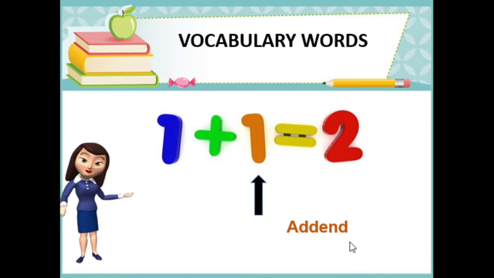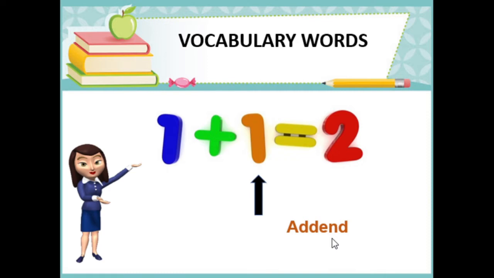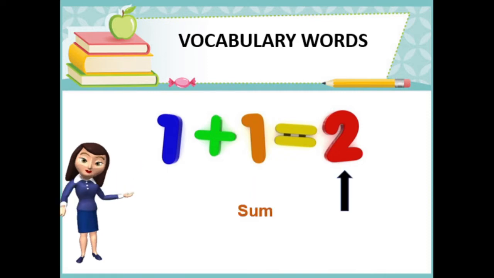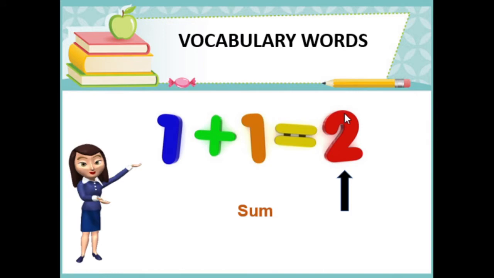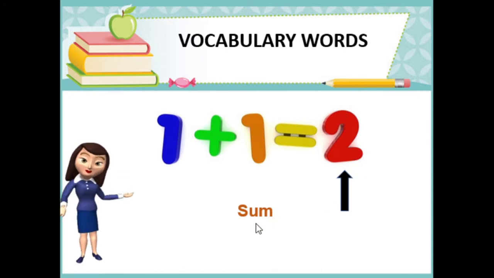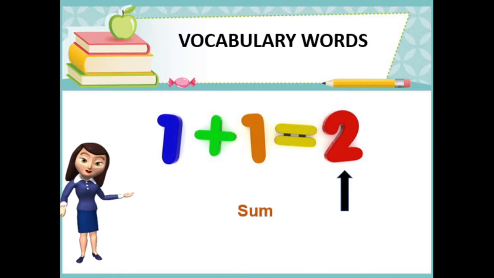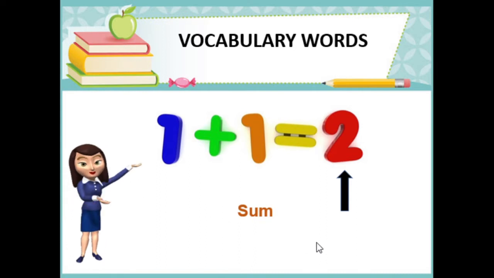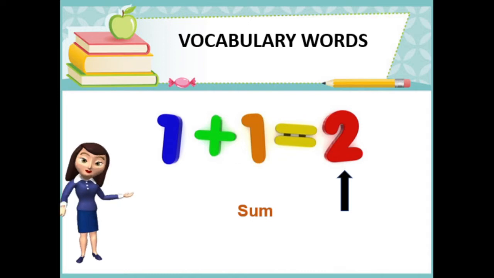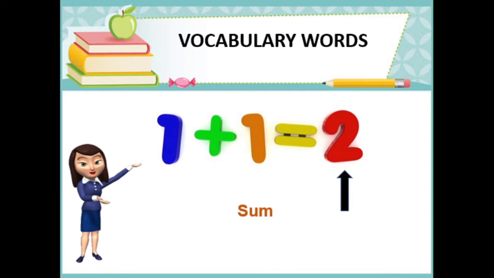Say it one more time, please. Very good. It's Addend. And, of course, the colored number 2, it's our Sum. Sum is the answer when we do an addition process. Okay, that's addition, augend, addend, and sum.